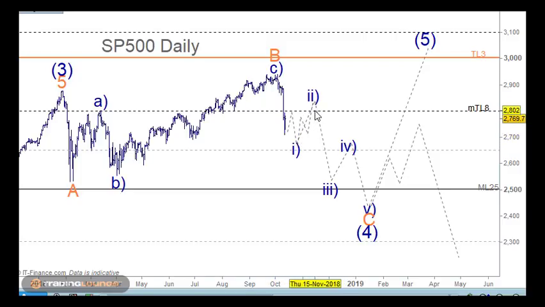Then we can really pay attention to this side over here. And this wave 3 should be longer and stronger than this wave 1. That's pretty exciting at that point in time. But our first job is this first 5 waves here.